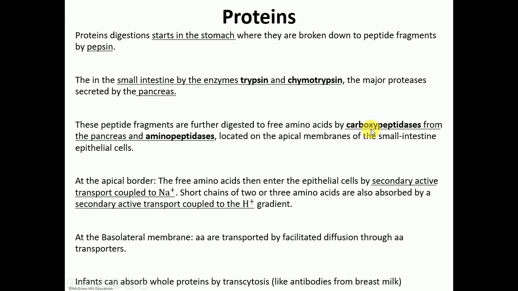We have to break those down as well, so we'll do that with a carboxypeptidase and an aminopeptidase. Those are found, again, in the brush border of the small intestine.